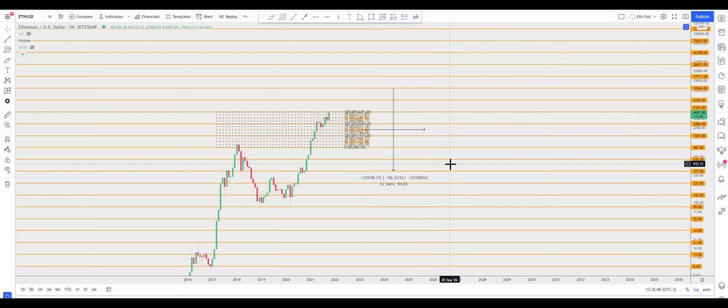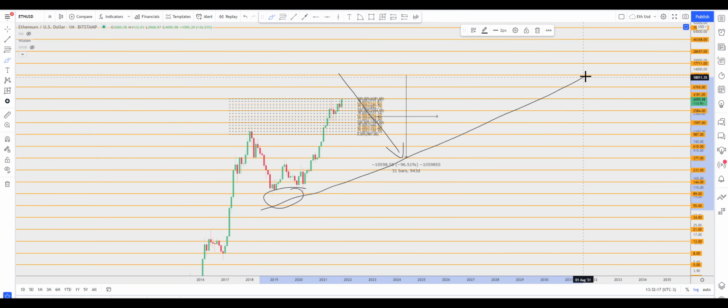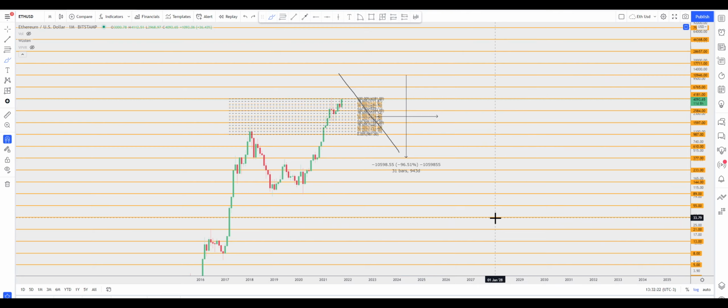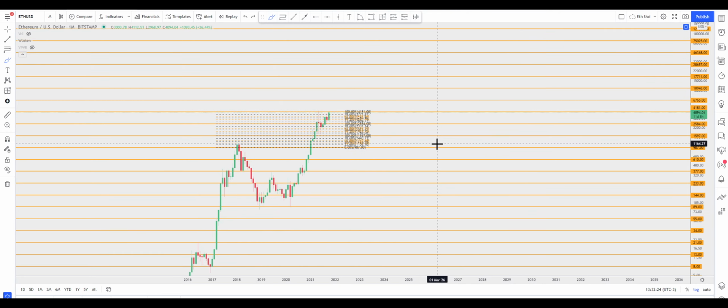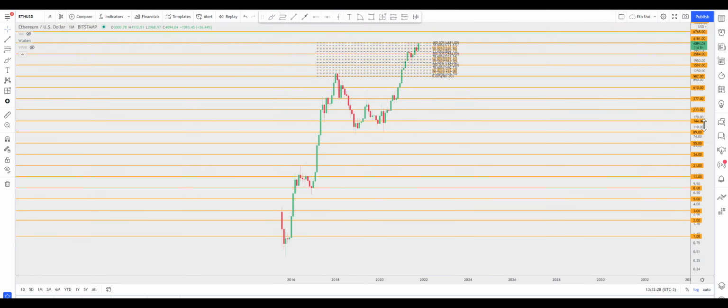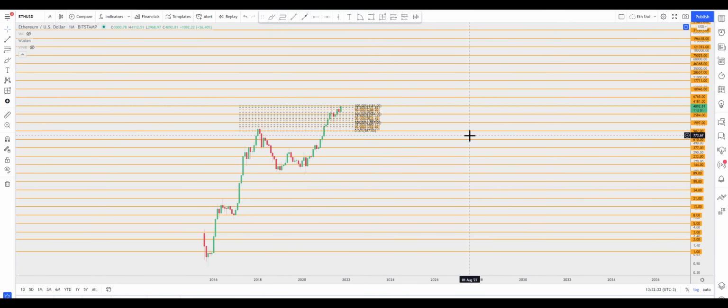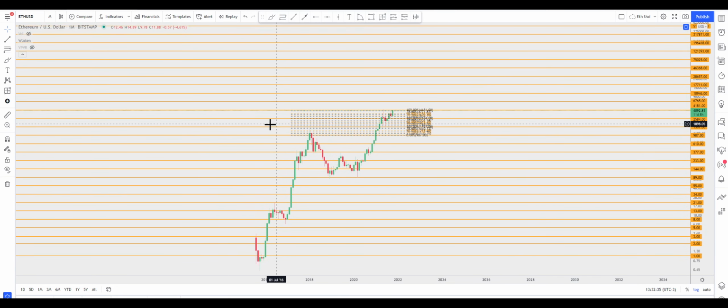So even if we face wild moves like this, it's still a higher low. This is the problem when people who don't understand technical analysis and price behavior try to call things. They are going to fail miserably, and nobody will understand anything.